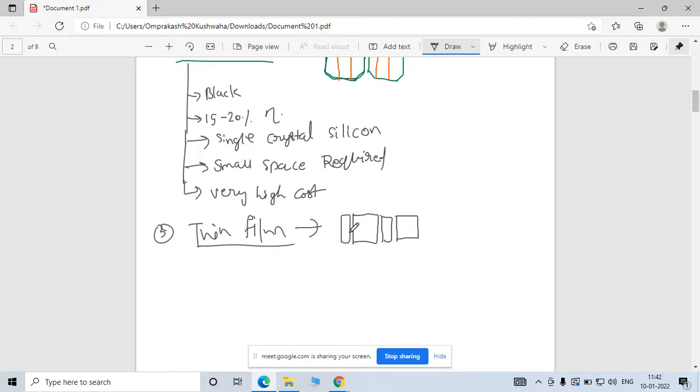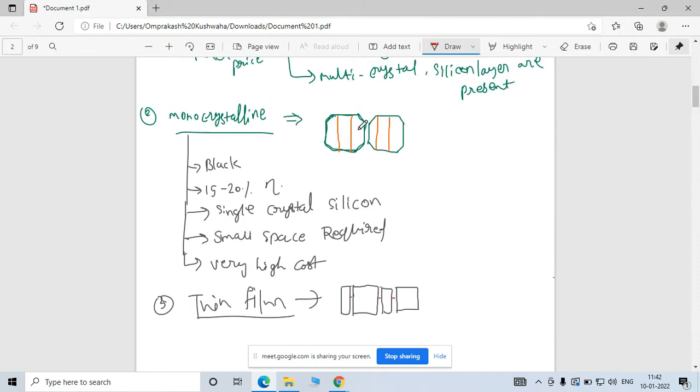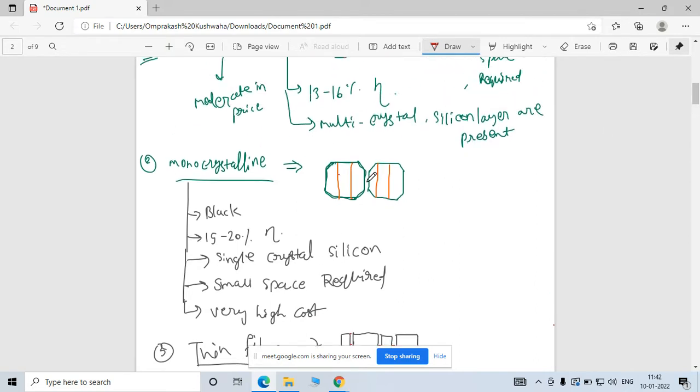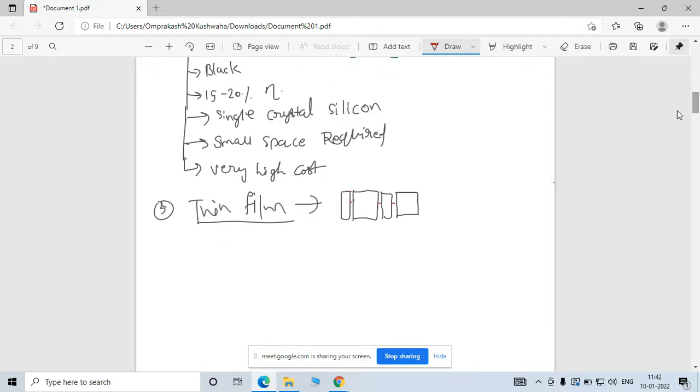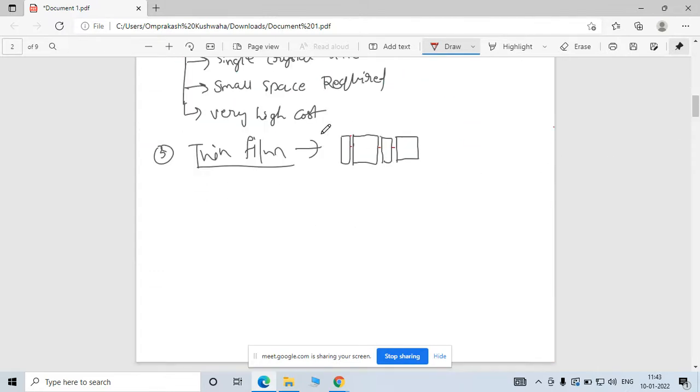And the size of each metallic strip is equal for all these three. Here the size of the strip is equal, and the gap between them is more, but here only a single thin film is used, and in that there are different sizes of cells used. I hope this is clear to you.